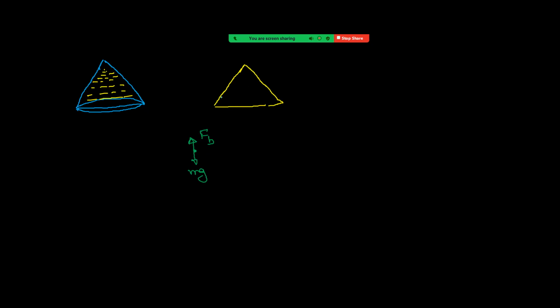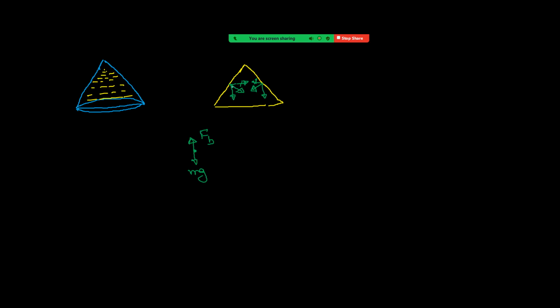Next, force by curved part. By the curved part, force is always normal to the contact. So force is like this from all directions. Now you can take components along horizontal and along vertical. By symmetry, horizontal components get cancelled.